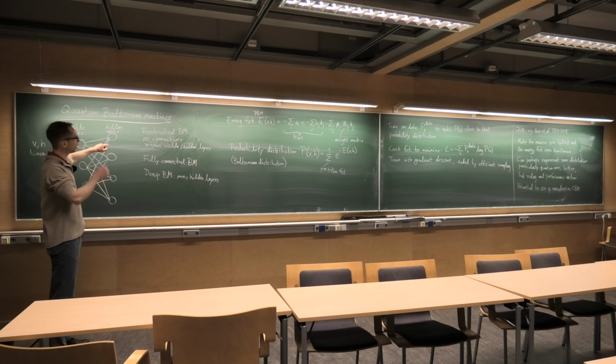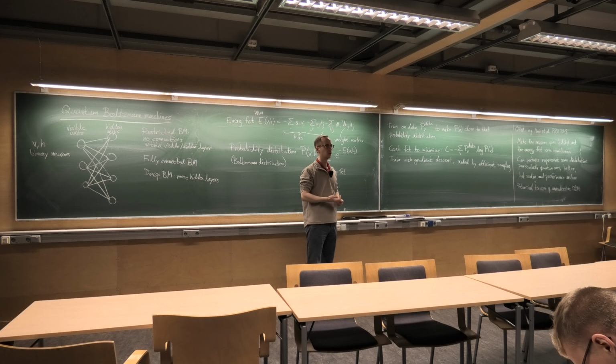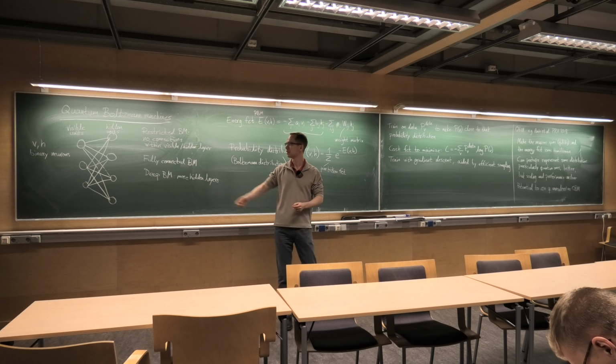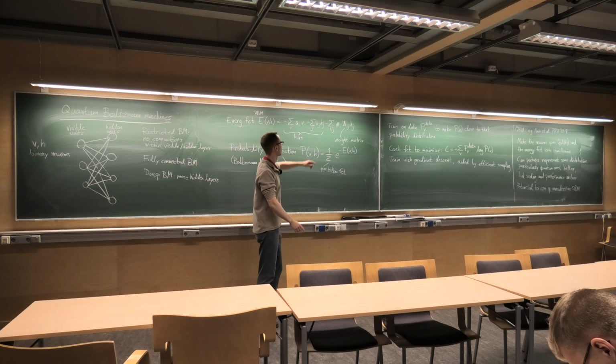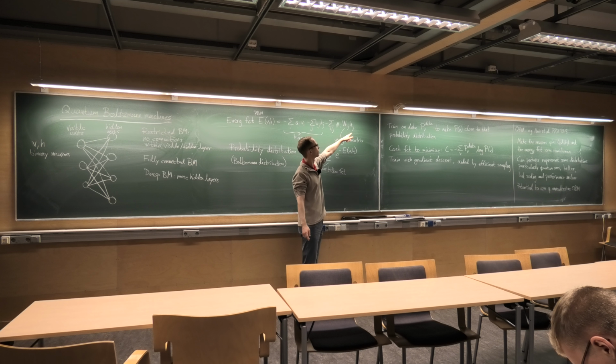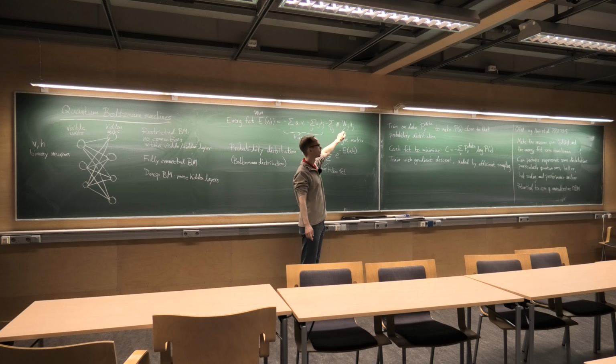It feels like the connection starts from the visible units to the hidden units, and then from the hidden units to the visible units. Well, there's no direction to these connections. The connections are just in this weight matrix, to represent this energy function.